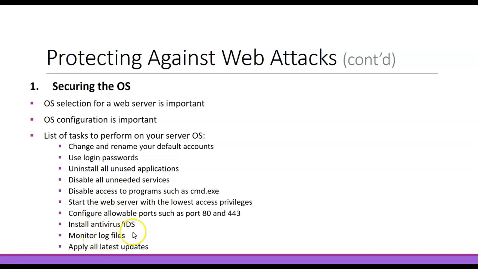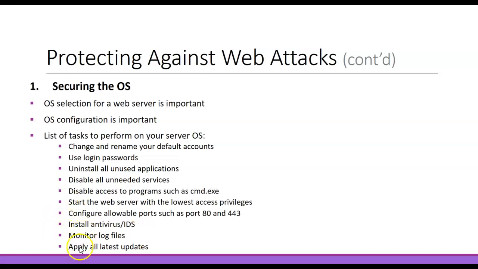Install antivirus and an intrusion detection system. Monitor the log files. From time to time, you have to check the log files to know which activities are suspicious, which activities are normal, and so on. So you have to review the log files from time to time.